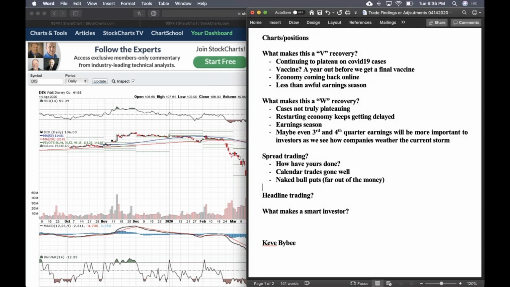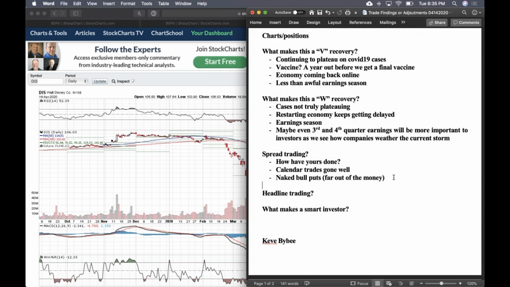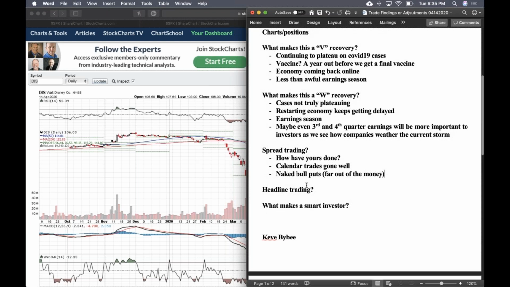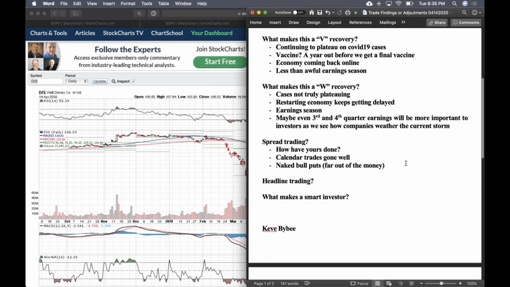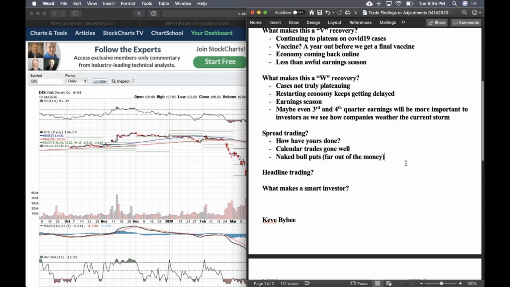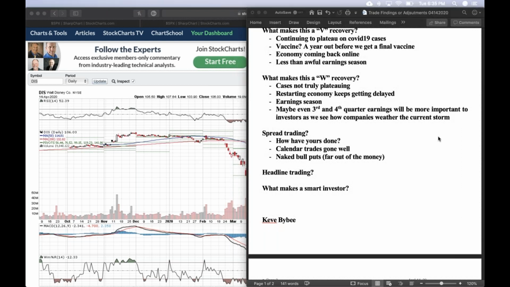A lot of people have done awful on spread trades this year for obvious reasons. Difficult to pick a direction, huge volatility. So I am glad you were able to profit from the volatility, and that you were able to do some calendar trades that allowed you to be profitable from volatility crush. So well done.